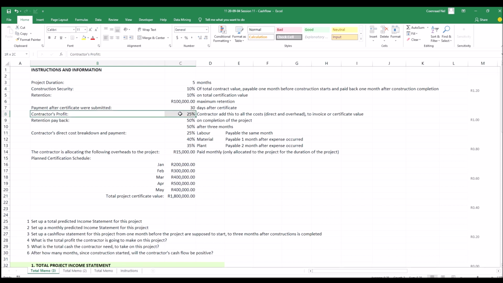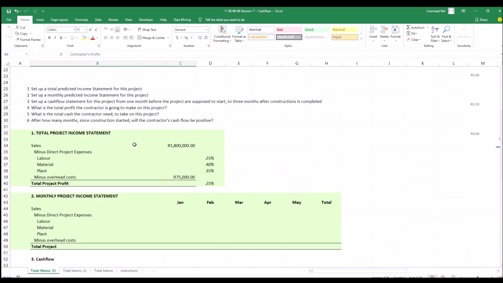They say the contractor takes 25% profit. The way we work that out, we add that to the direct costs and the overhead costs to get to the invoice value. That means my total sales include a 25% value on top of all the costs that I have. Good. So let's quickly look at what that means. I'm going to write it over there.